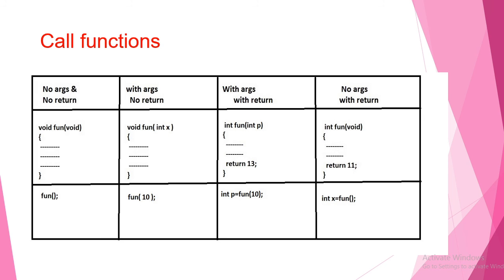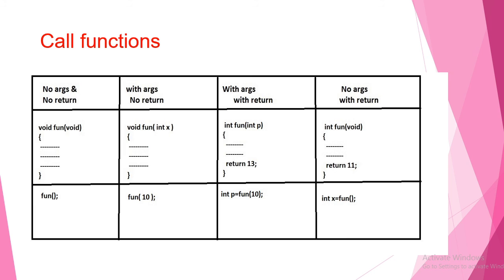Then suppose your function is from category number 2, that is with arguments, no return value. That time you can call it like this: fun, and in the bracket I have written 10, because we have to pass the arguments. Here I wrote with arguments, that's why I want to give the arguments.